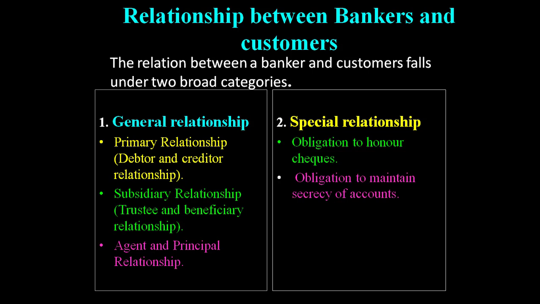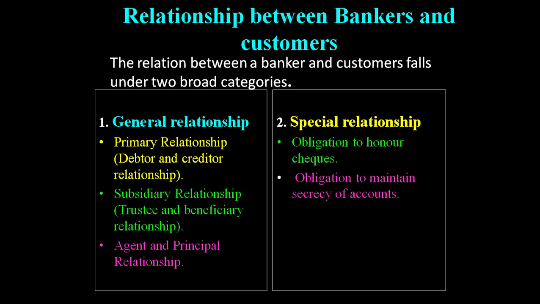Whereas in special relationship, there is the obligation to honor checks. If someone writes a 1 lakh check on a check leaf and puts the signature, banks will accept the check. And there is the obligation to maintain secrecy of accounts.